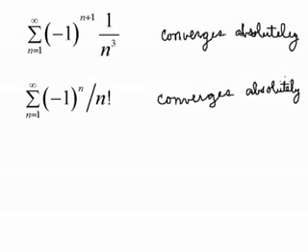Now what happens with the second series? Well, that also converges absolutely, and you could use the ratio test to test for that. You look at the series of all positive terms, 1 over n factorial, added up from 1 to infinity. That is going to converge, and it converges absolutely.